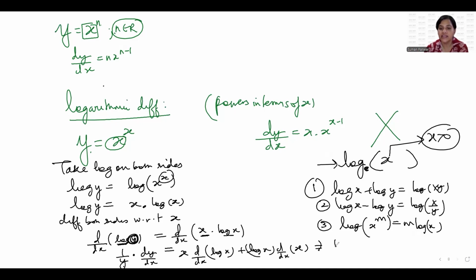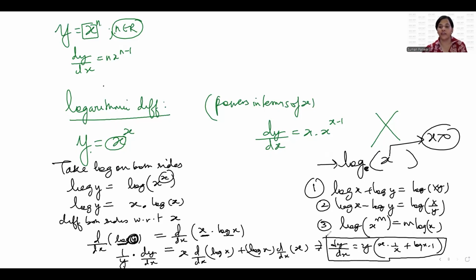So this implies dy by dx is equal to y times x into the derivative of log x, 1 upon x, plus log x into the derivative of x. So this is how we calculate the derivative when we have powers in terms of x.